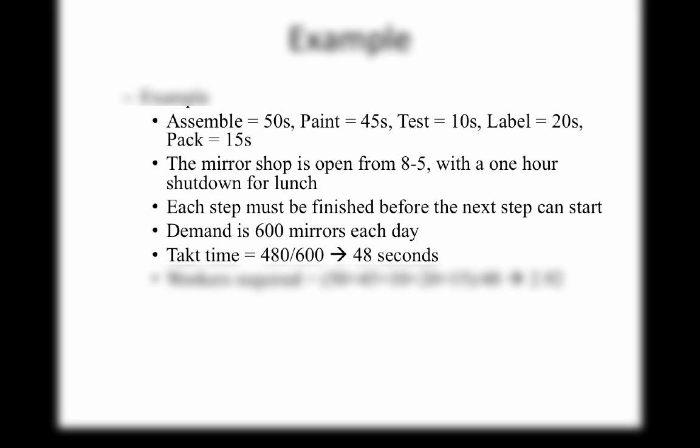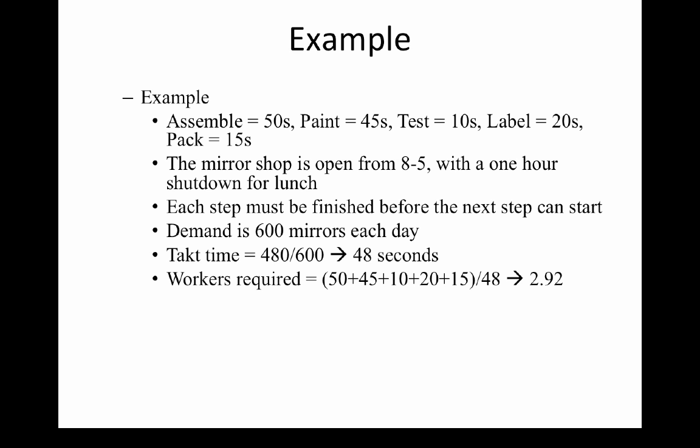Okay, so to calculate the takt time, how did we say we would calculate that? Well, we take the available time and divide it by the demand on a given day. So while the shop is open for 9 hours, we're only actually operating for 8. So you only consider the 8 hours as available time.